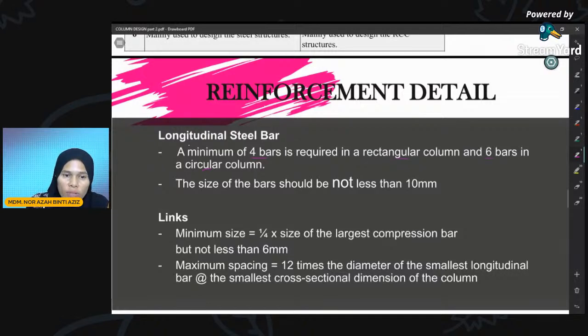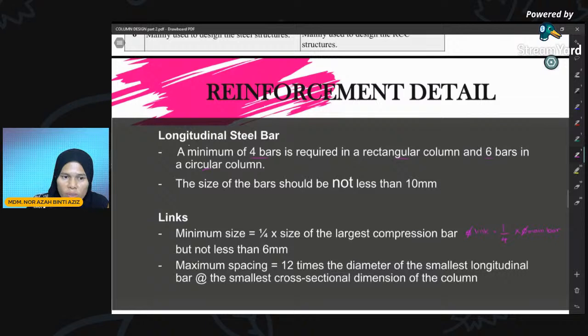Then we have the link. The minimum size for the link is 1/4 of the size of the largest compression bar. Means the minimum diameter of the link is equal to 1/4 of the diameter of the main bar, but not less than 6 millimeter.